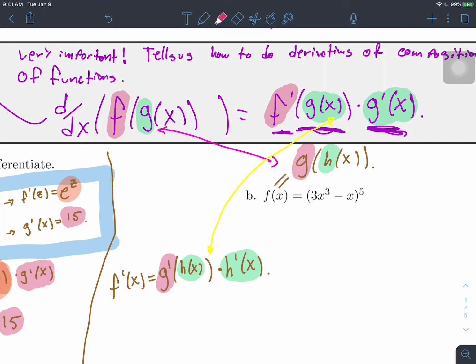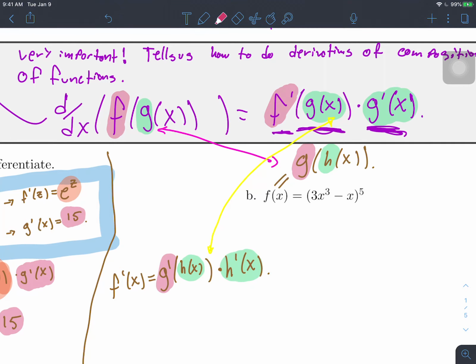It just says if you do the derivative of a function, what you get is the derivative of the outside function, where we plug in the inside function, and then we multiply by the derivative of the inside function. And it doesn't care if your functions are called f, g, y, q, w, z, anything. Any letters that we want, we just need to do the derivative of the outside function first, plug in the inside function, and multiply by the derivative of the inside function.